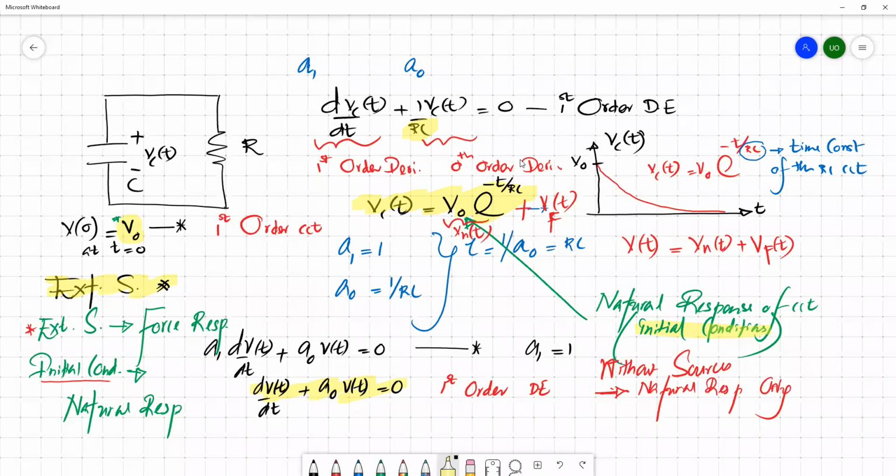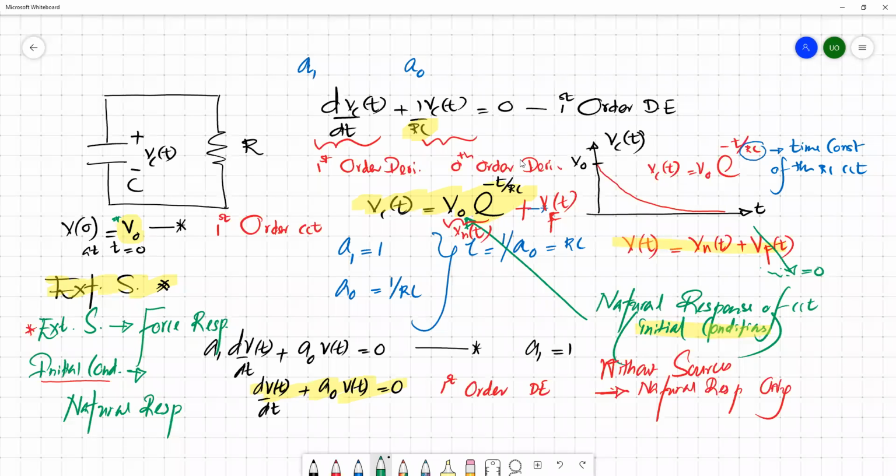If you don't have any external sources in the circuit, the forced response is basically zero, and V(t), or whatever the measured quantity is, ends up with the natural response only.